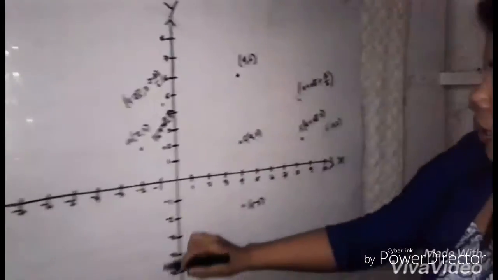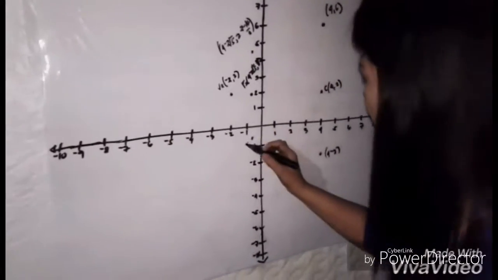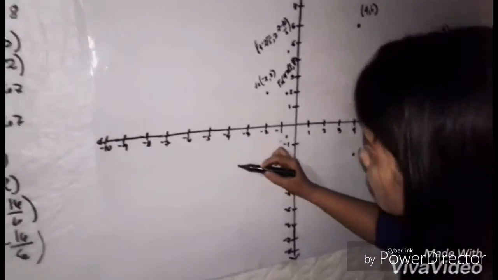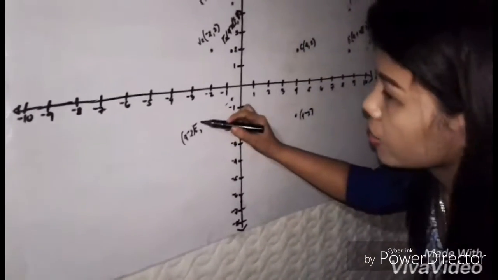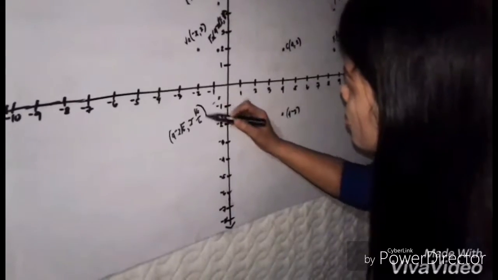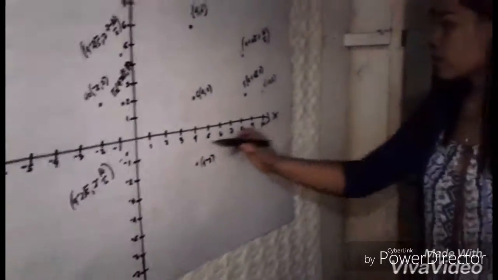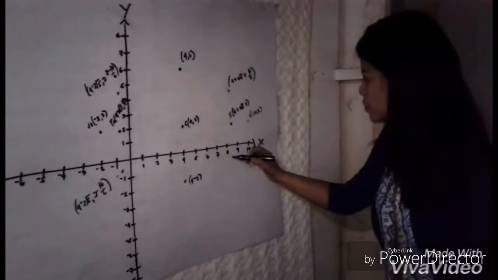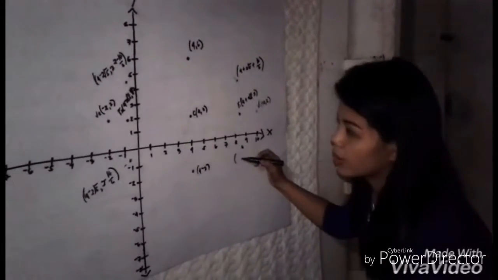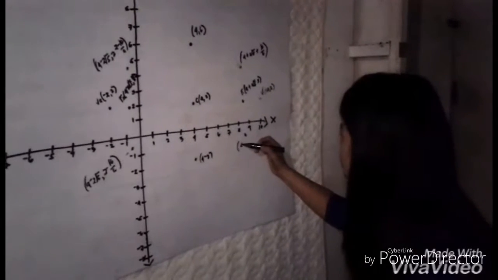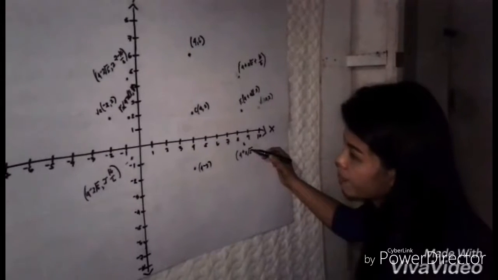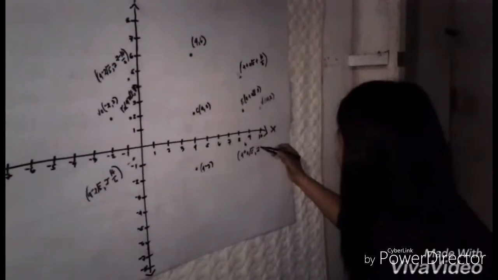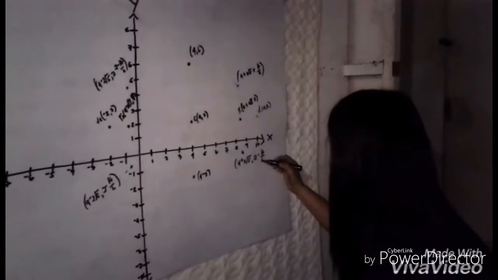And the last endpoint is here, (4 plus 2 square root of 5, 2 minus 16 over 6).